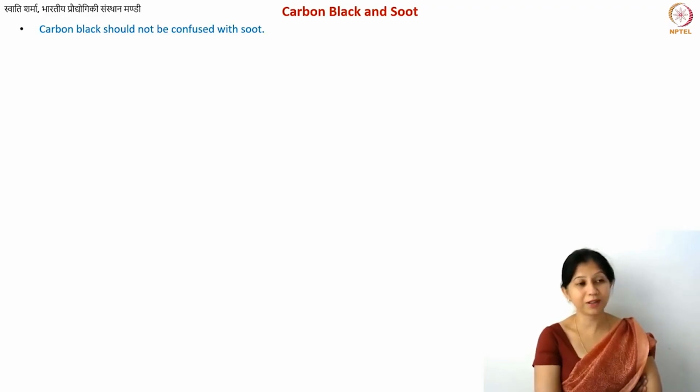What is interesting about this material is that it is not manufactured using the pyrolysis process alone, but rather a combination of pyrolysis and combustion. So this is probably the only large-scale carbon material that you will hear of that is actually prepared in the presence of oxygen.